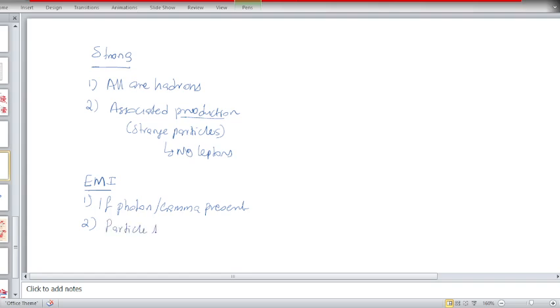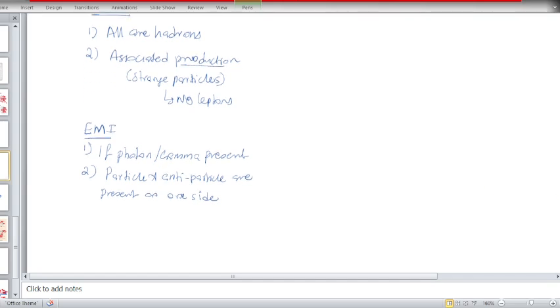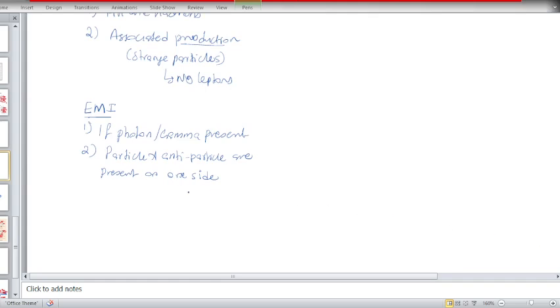If a particle and its antiparticle are present on one side of the interaction, then the corresponding interaction will be electromagnetic interaction.